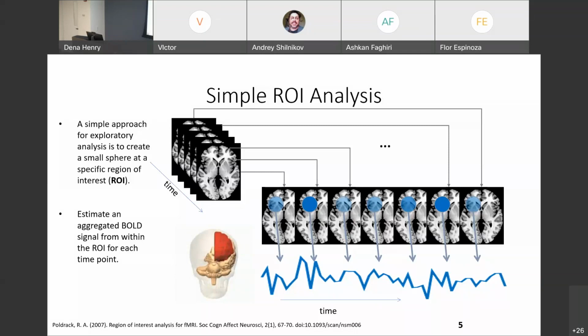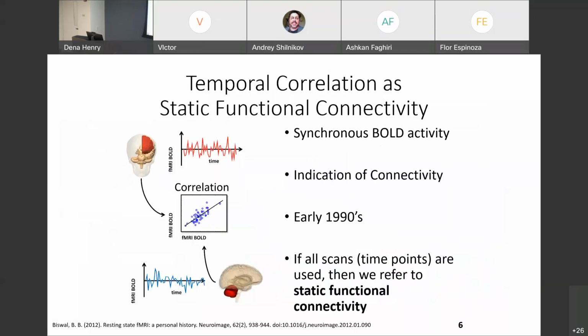Of course, we don't have to do this just for one part of the brain. We can take two different regions of interest, estimate the activation and make a correlation between them. What this correlation tells us is how synchronized their activation is across time.